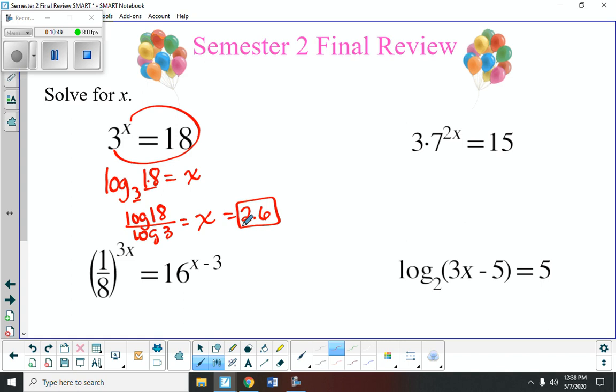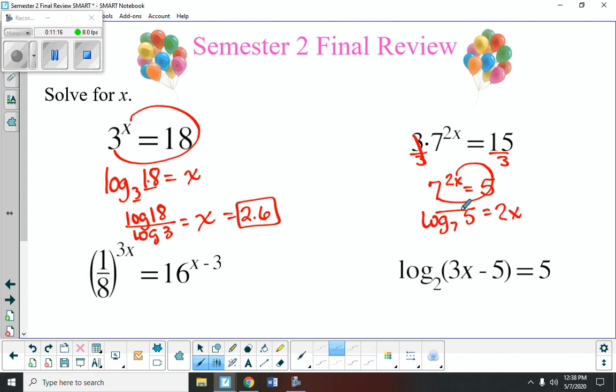All right, let's do another one like that. First thing you want to do is isolate the term that has the x in it. So let's divide by 3. So you have 7 to the 2x equals 5. And at this point, we'll put it in log form. So log base 7 of 5 equals 2x.